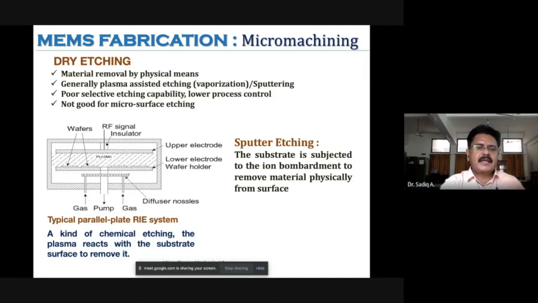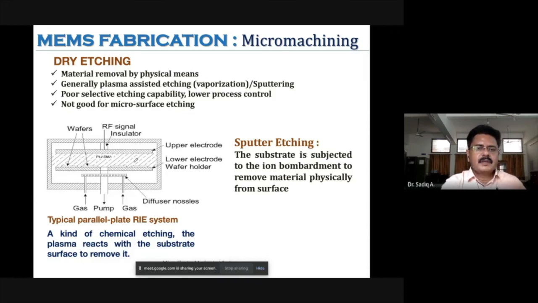A gas supply is possible, typically an inert gas like argon, and there is an RF frequency generator. Now there are wafers kept inside this. From the wafers we have to remove material, that is, etching should happen on the wafer surface.